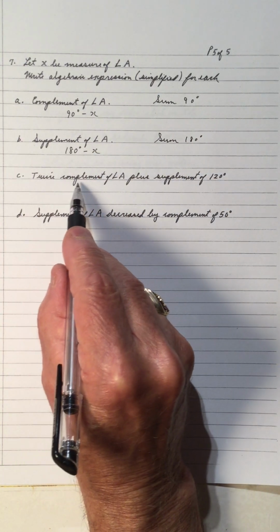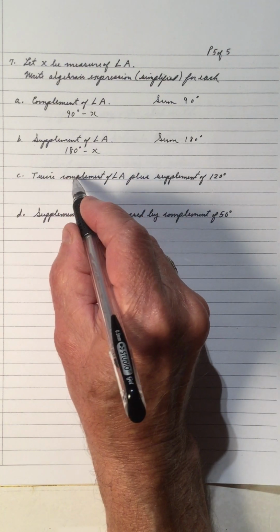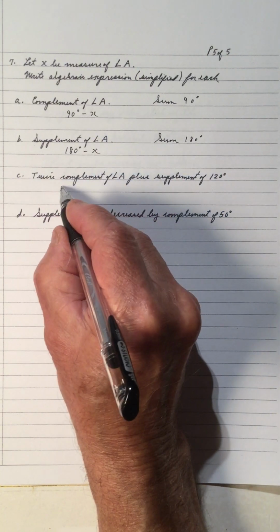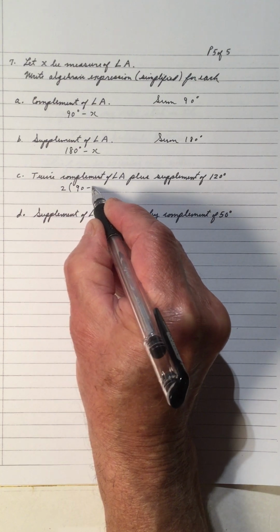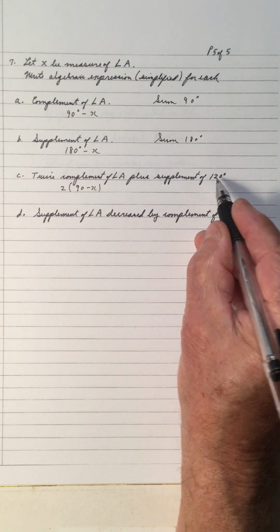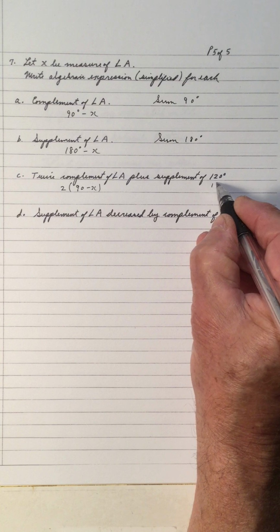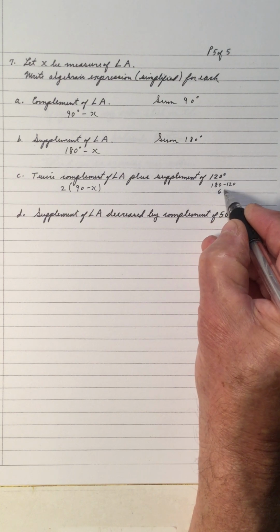C, twice the complement of angle A plus the supplement of 120. The complement of angle A, twice the complement is 2 times 90 minus x, plus the supplement of 120. So 180 minus 120 is 60.